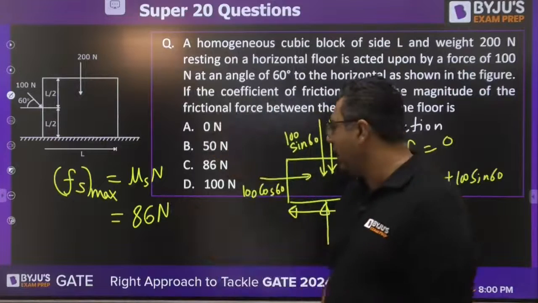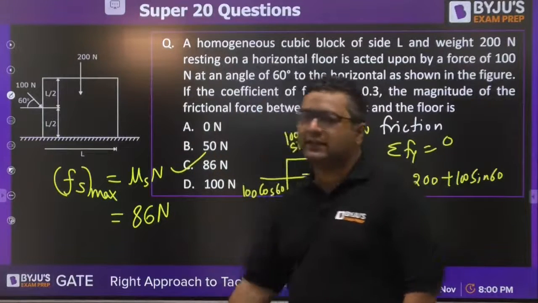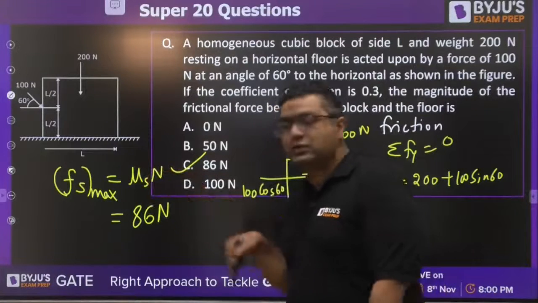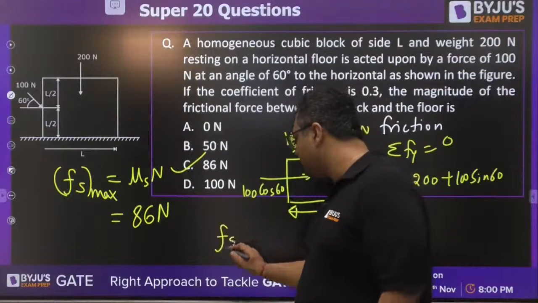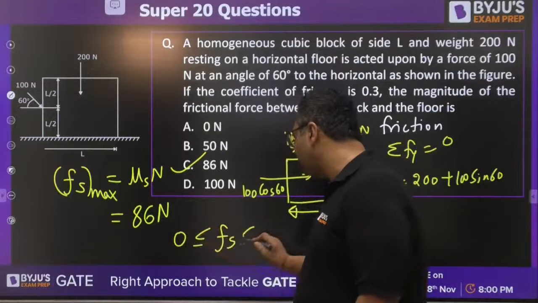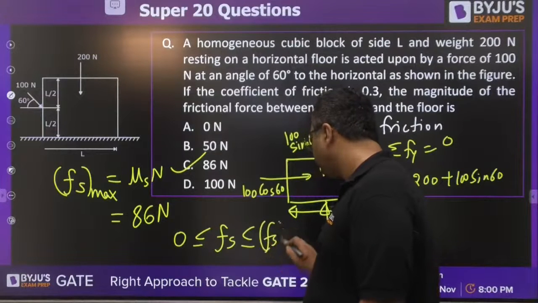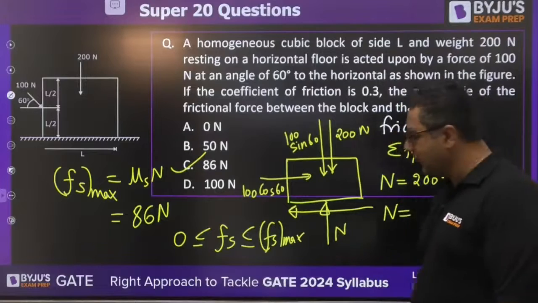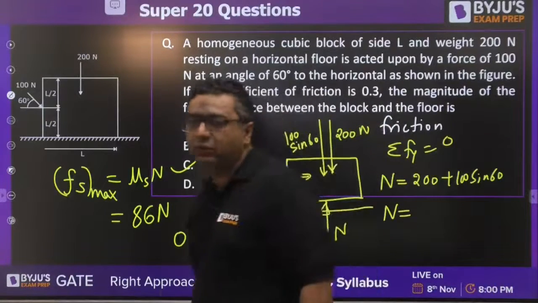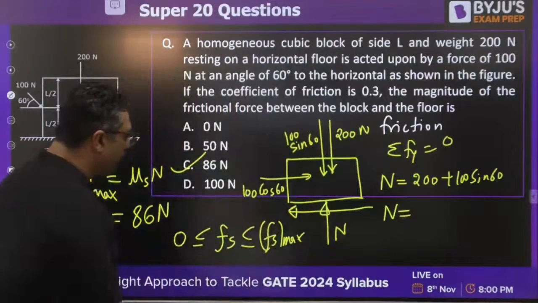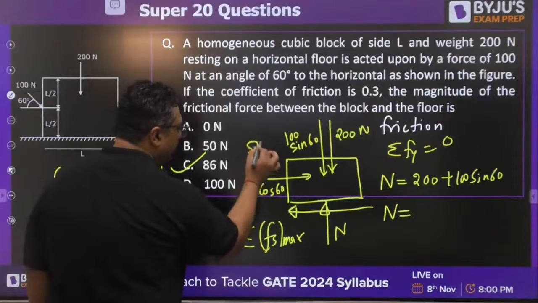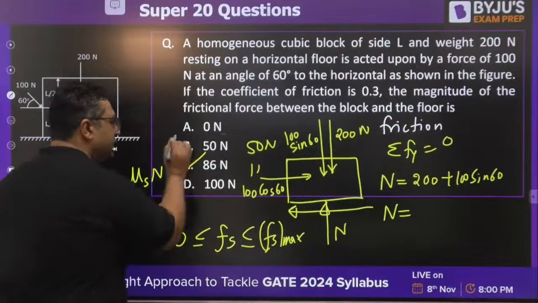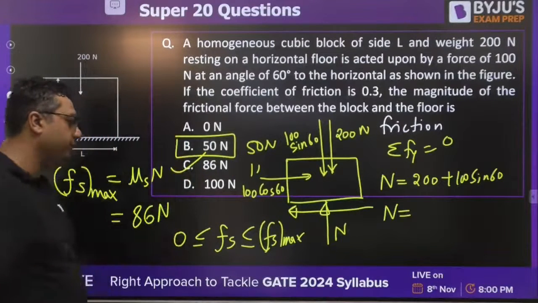And just by looking at this, the majority of students will take C. But my dear, you know static friction's maximum value is 86. So static friction lies between 0 to its maximum value. So in that case, you can see this value 100 cos 60 is 50 Newton. So if action is 50, reaction cannot be 86. So answer will be 50 Newton.